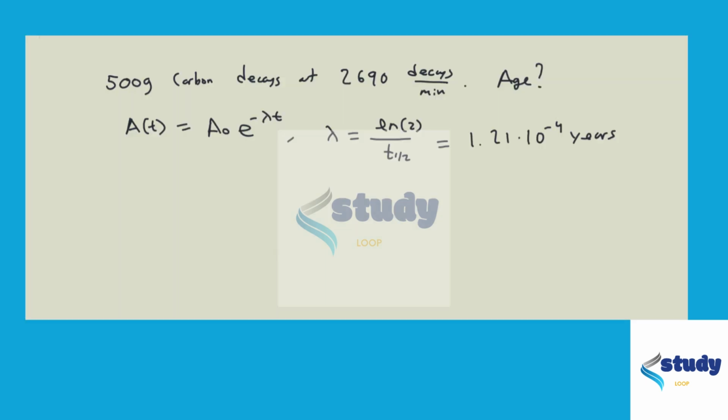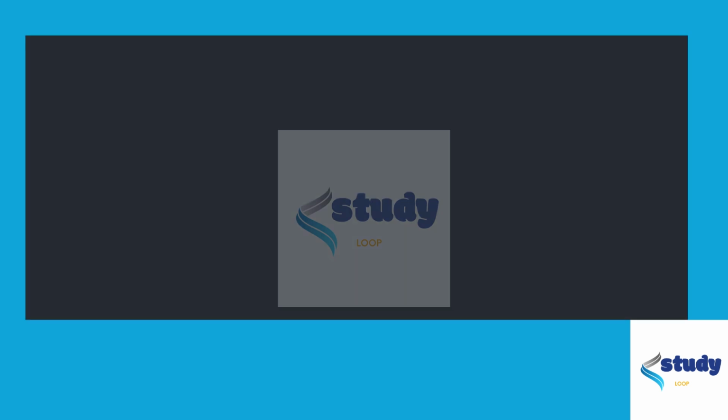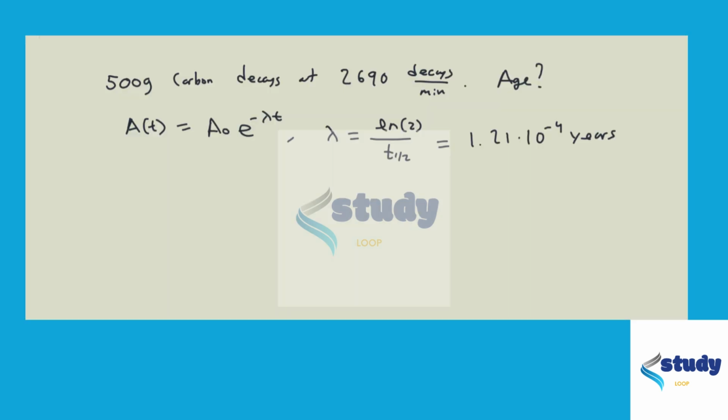Now the next thing we want to calculate is the activity in becquerels per kilogram for this particular sample. So because we have 500 grams of carbon and we're decaying at 2690 decays per minute, we know that the activity is equal to the number of decays per minute over the mass of our sample, which again is 0.5 kilograms or 500 grams.